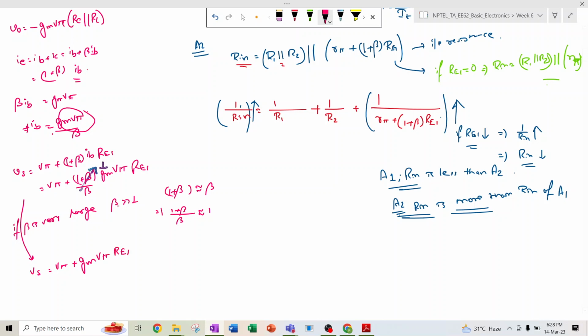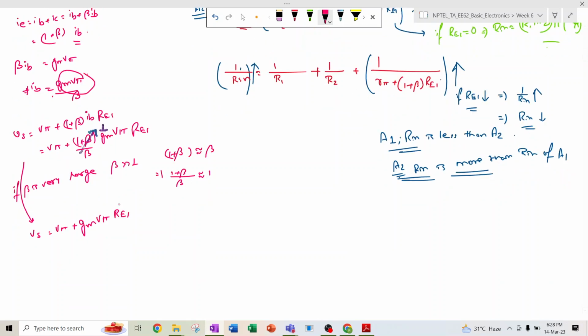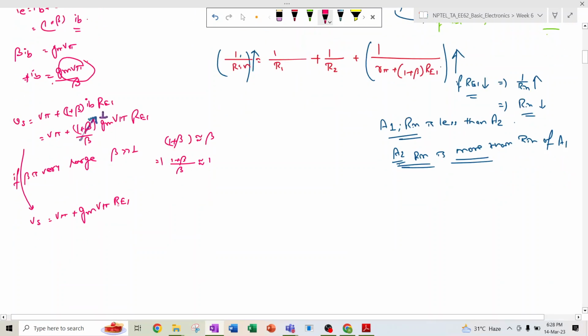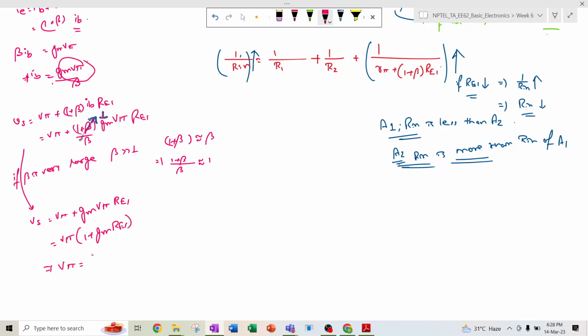Now if you take V pi common, V pi is nothing but Vs divided by (1 plus GM RE1).